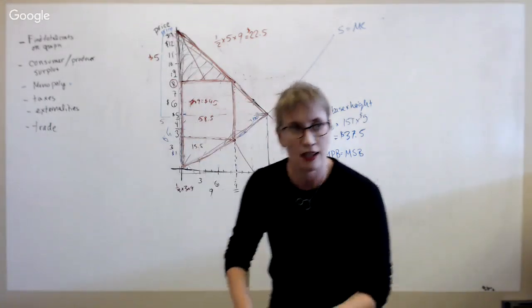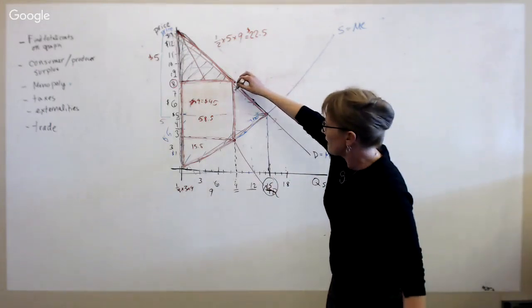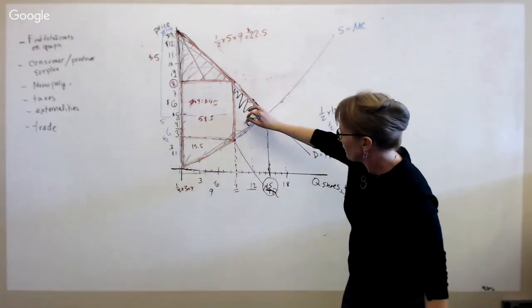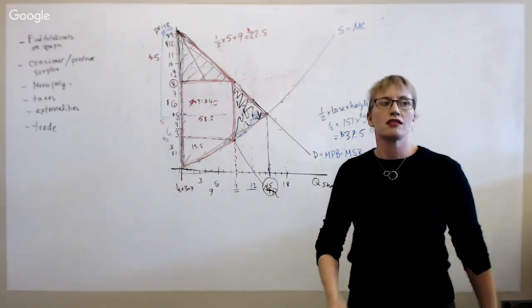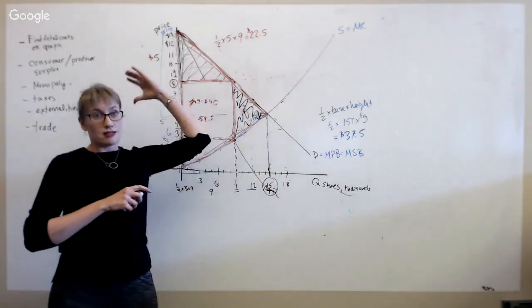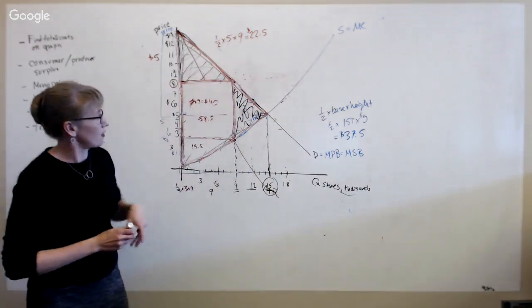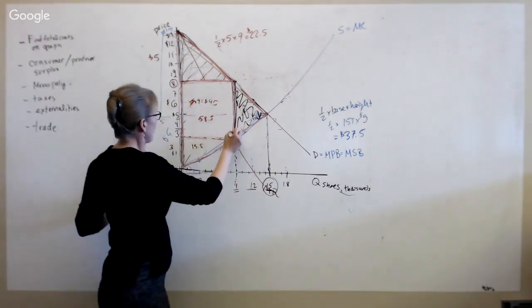And this will be part of Professor Jose's talk too, is this area right here. This is our deadweight loss. Because this market is monopolized, this surplus is lost. And if we wanted to find the value of the deadweight loss, we would calculate the area of this triangle right here.